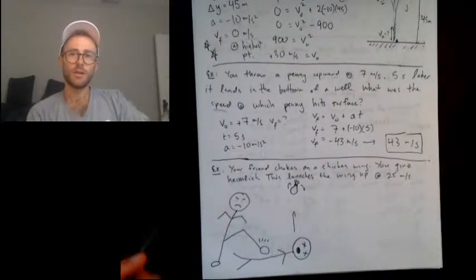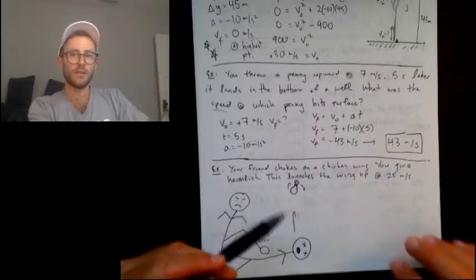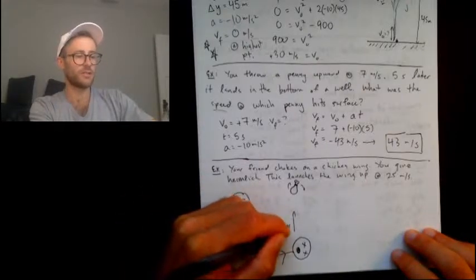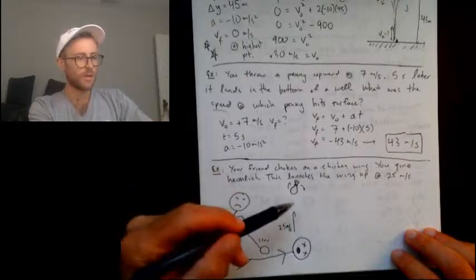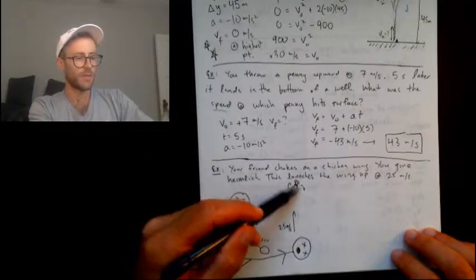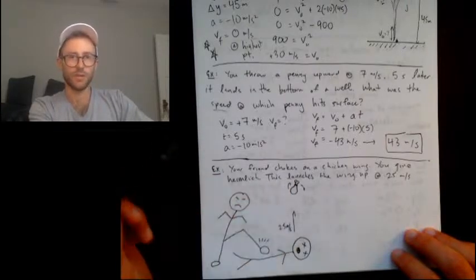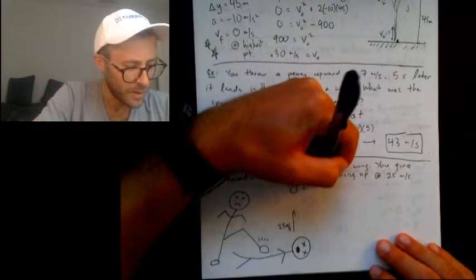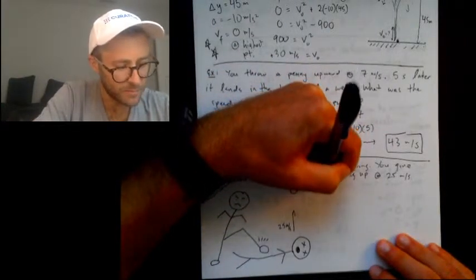Okay? So the wing shoots up into the air, 25 meters per second is that initial speed. The wing goes up, comes back down, hits your friend on the forehead. Okay? So the question is, what is the time of flight?